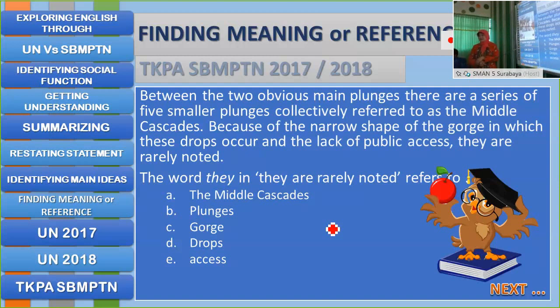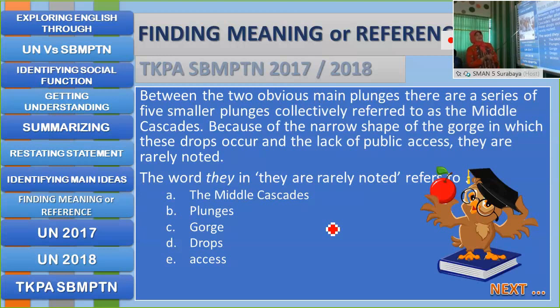It is the name of a waterfall, yeah? Middle cascades. Because there are some waterfalls, or are you familiar with Grojogan Sewu? Yeah, it seems that it is not just a waterfall, but can be some or many waterfalls.